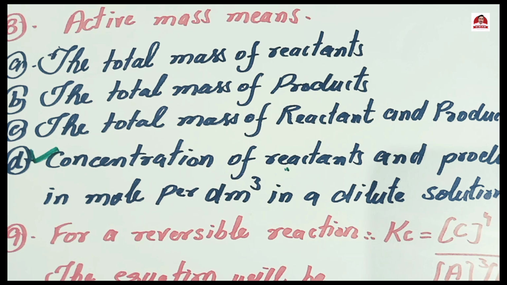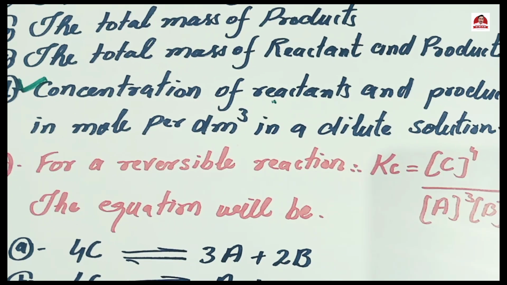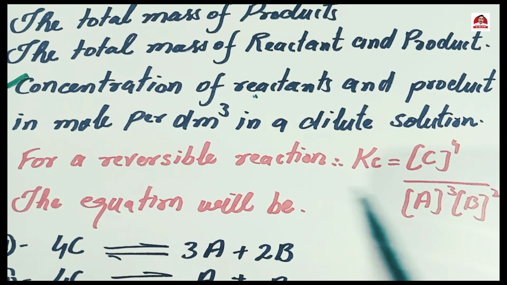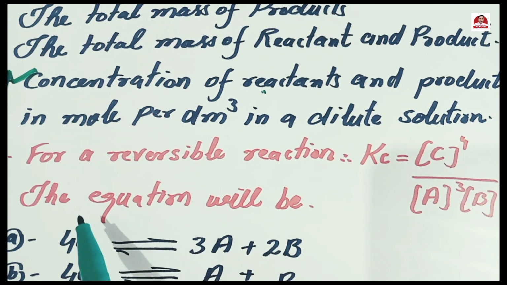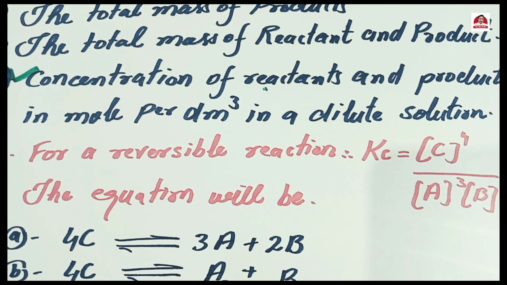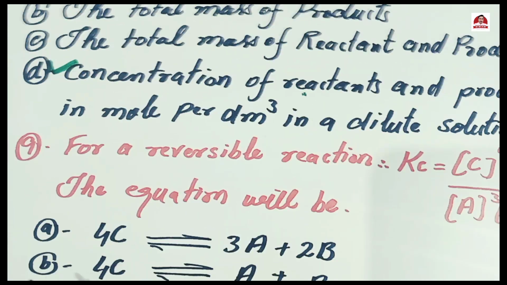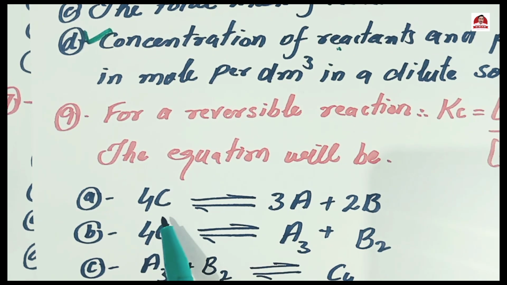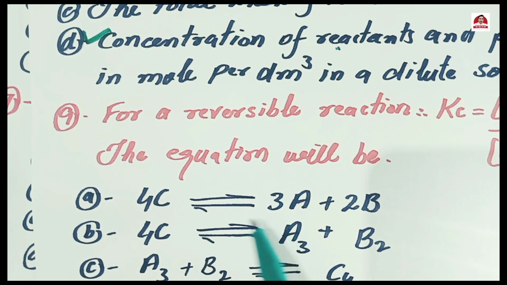Next question, question number 9. For a reversible reaction, the equation will be: option A, 4C in a reversible chemical reaction 3A plus 2B.